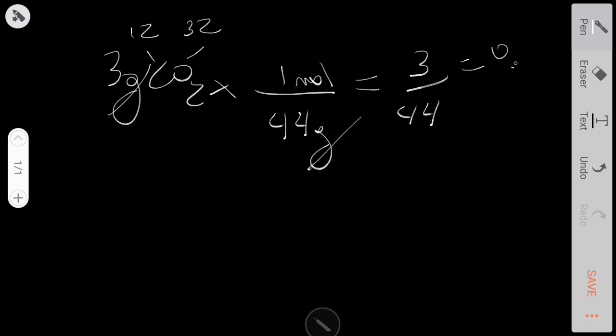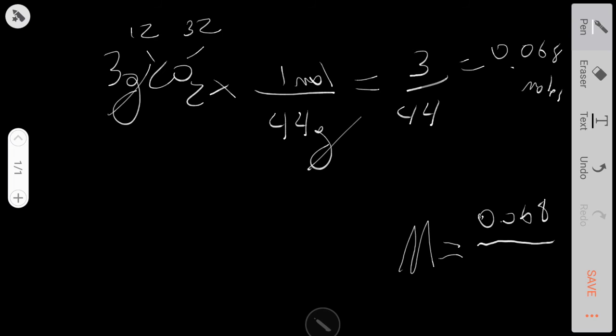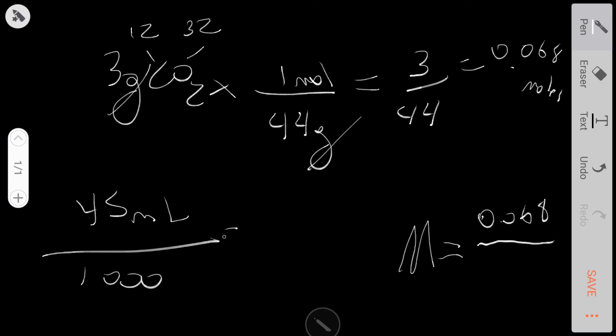That's going to give me 0.068 moles. So in my molarity equation, molarity is equal to, I've got my moles, so I can put that on top right now, 0.068. Now I just need to convert the 45 milliliters into liters. So divide that by 1,000. That's going to equal 0.045.